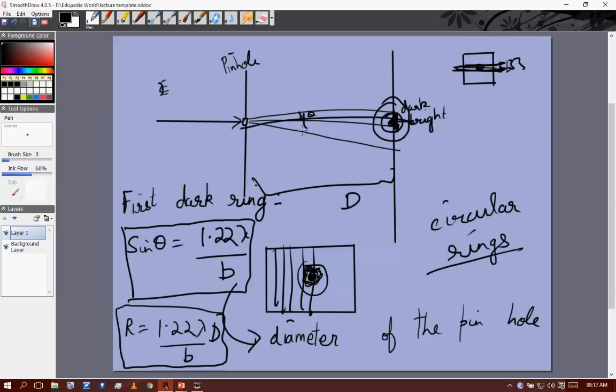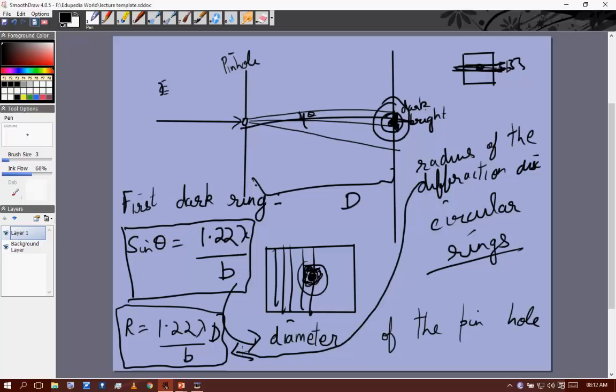So that's something which we've used again and again. Okay, and this radius of the first dark ring is also called the radius of the diffraction disk. So 1.22 lambda by b would be the radius of the diffraction disk. Keep in mind, b is not the radius of the pinhole, it is the diameter of the pinhole.